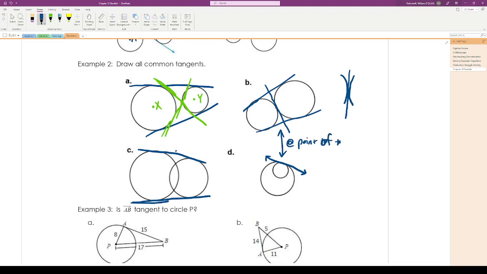So this one coming through the middle here and this one passing over the top are intersecting at the point of tangency. If the circles are tangent to each other, there's a line that goes through that point of tangency. And if the circles are outside of each other, like here, we get 2 lines that pass above and below them.